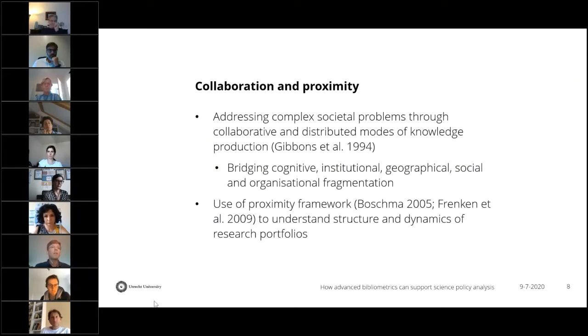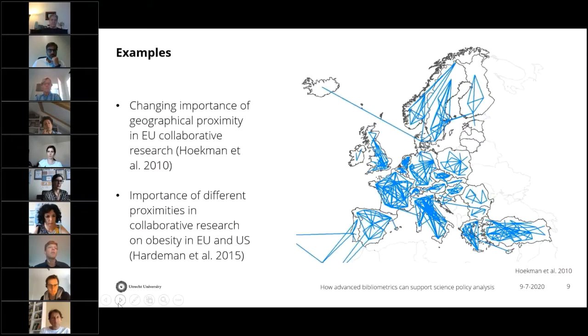And if you look at some of the applications there, which can also be of interest in the context of mission orientation, previously we have looked, for instance, at to what extent there are geographical biases in collaboration, and to what extent systems are more or less integrated at the European research area level.